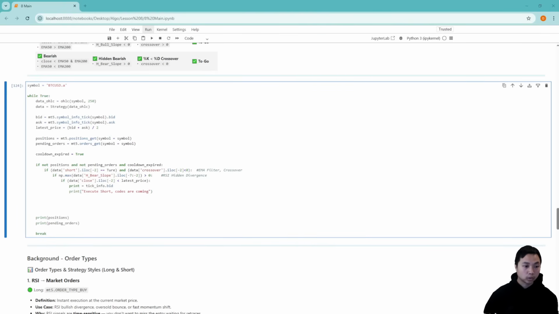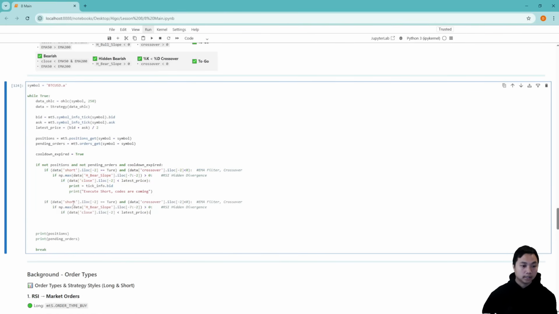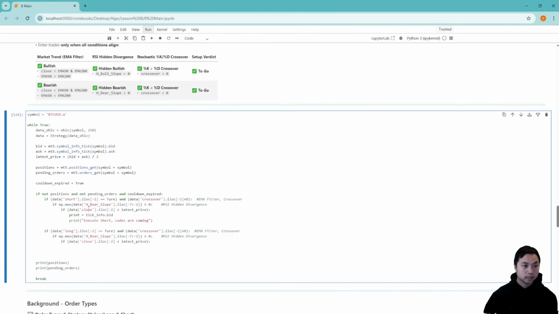Now we work on the long. They are actually similar, but just flipped. The first one is that we check the EMA filter. That is a long signal. And then the crossover should be larger than 0.